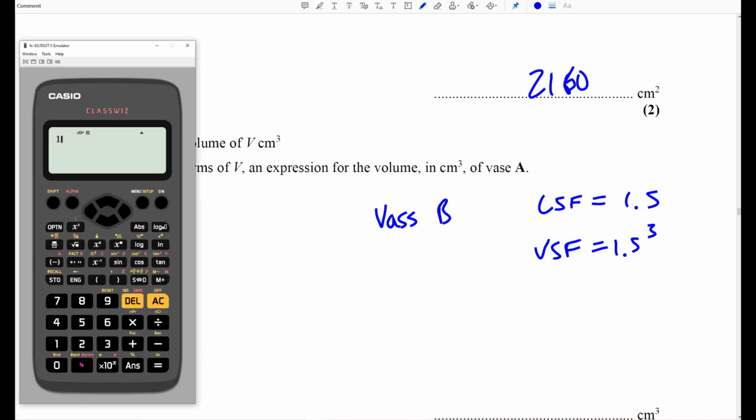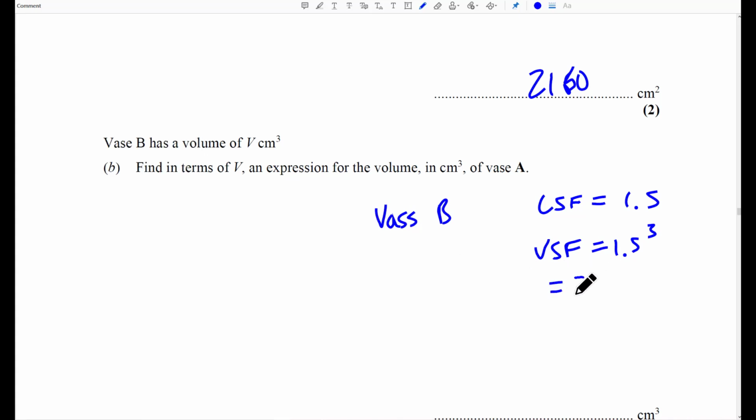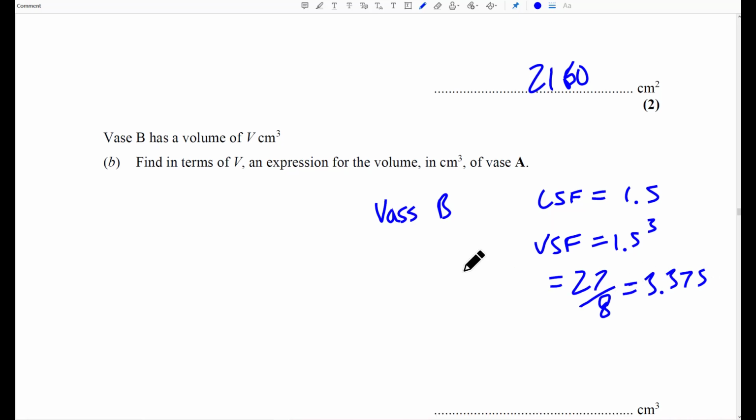So let's just do that. 27/8, 3.375. I've just written both there because I don't know which one I'm going to use.